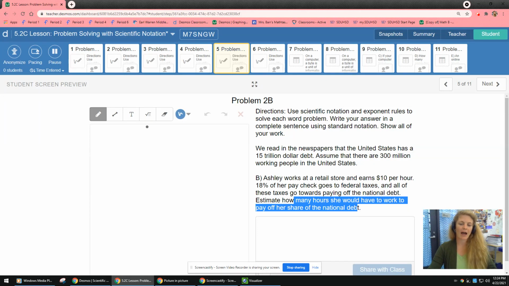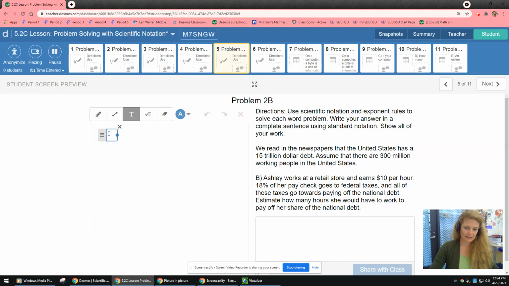Well, first we have to think about how much per hour goes to the national debt. Well, she makes $10 per hour, and 18% of her paycheck goes to federal taxes. So we need to know what 18% of $10 is. Remember, when we use percents, we have to turn them into decimals.